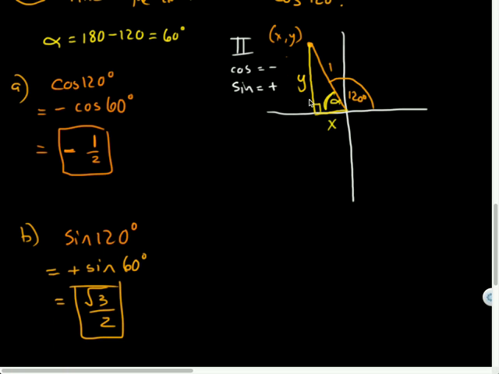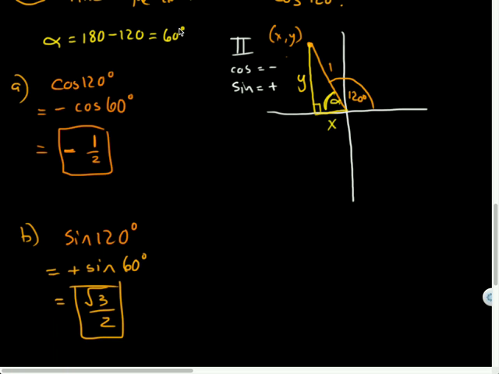And the y value here would be positive, so that determined that. And the reference angle here is still 60 degrees, so I changed it to positive sine of 60 degrees. Because we do know what sine of 60 is, but we didn't know yet what sine of 120 was. Sine of 60 we learned yesterday.